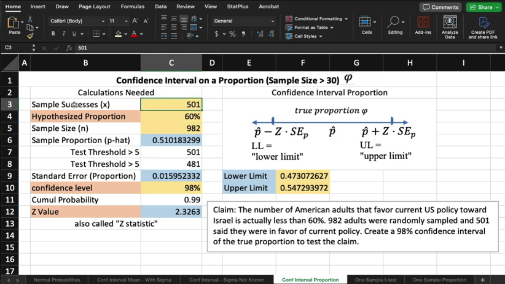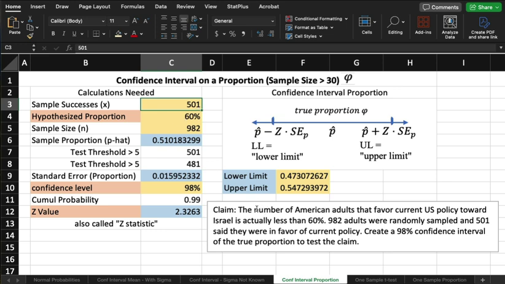Then sample successes, which is our x. That is the number of people who reported that they were in favor, because that's what we're measuring here. What are we interested in?